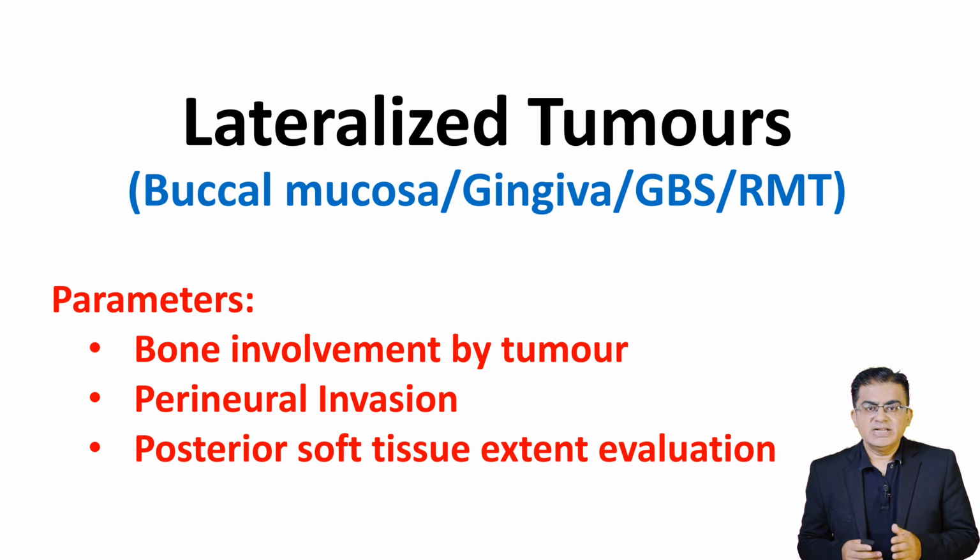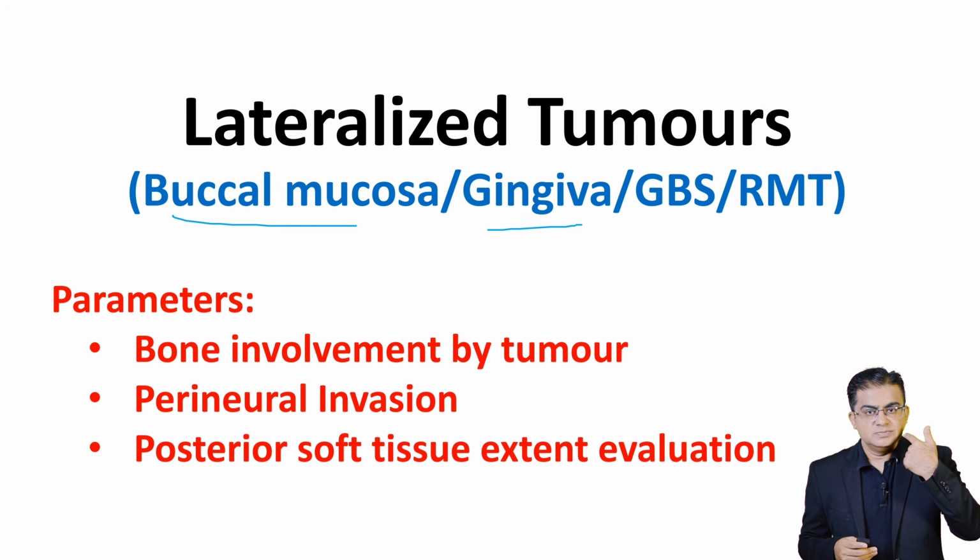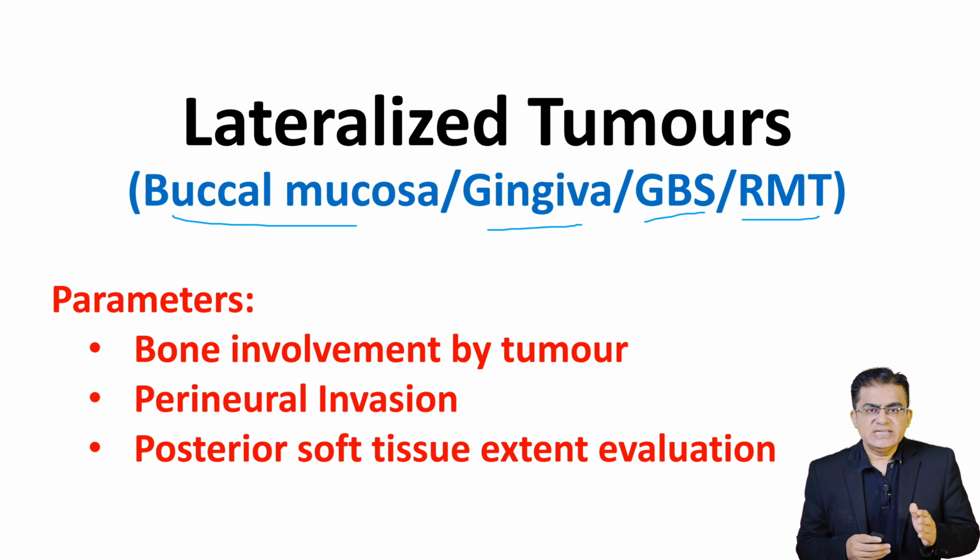We are moving away from the center of mouth and looking at lateralized tumors. This includes carcinoma of the buccal mucosa, upper and lower gingiva, upper and lower GB sulcus, and retromolar trigone. Listen carefully, because when we move to these lateral sites, the entire surgical paradigm shifts.